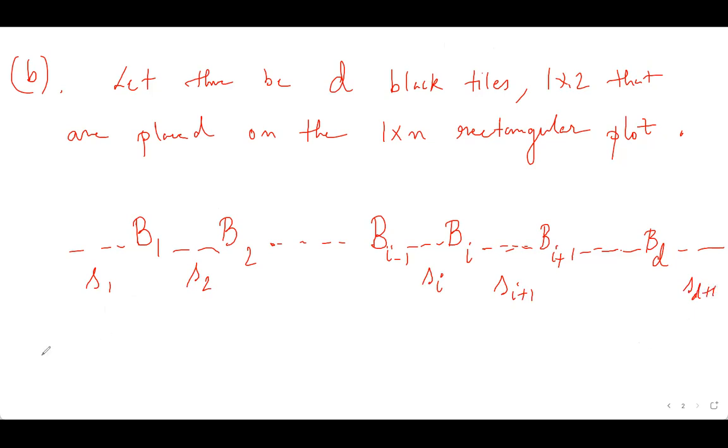So now I'm considering that there are S1 number of unit rectangles here, S2 number of unit rectangles. So between BI minus 1 and BI, there are SI number of unit rectangles. At the front there are S1, and at the end there are SD plus 1. Now I know that their sum will be what?